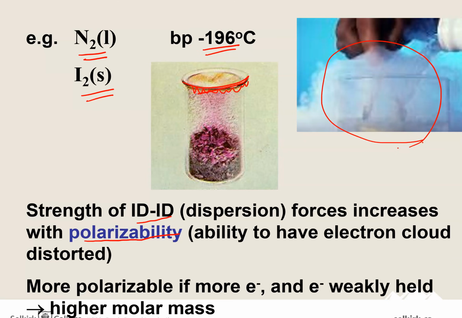I can polarize it, I can make it polar more easily if I have more electrons to work with. And if those electrons aren't tightly held by the nucleus, say in the higher energy levels, they can move around more freely. To put those two things together, if I have more electrons in a molecule that has higher molar mass, I'm going to have stronger dispersion forces.